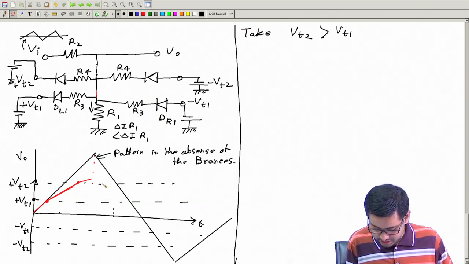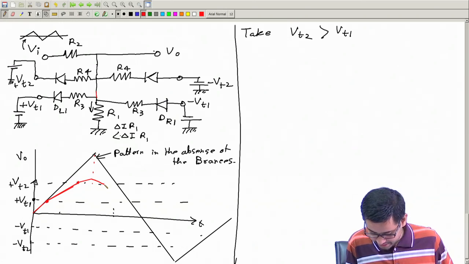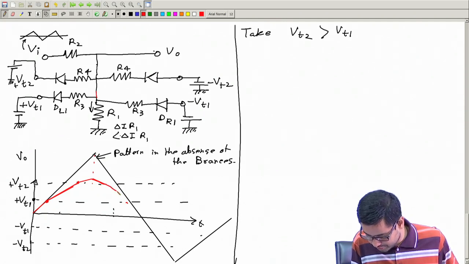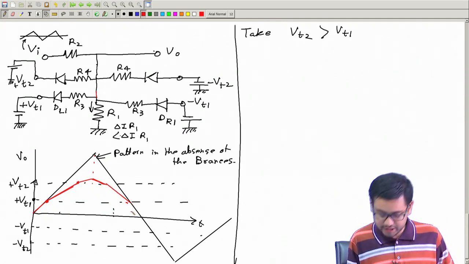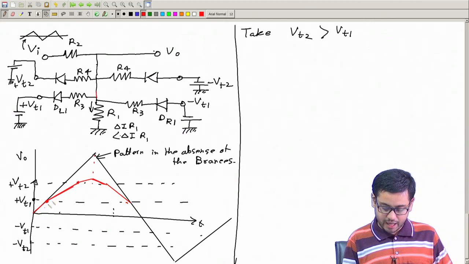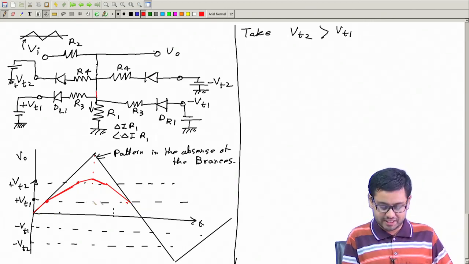It initially goes down slowly, then at a faster rate, like this, then at a faster rate like this, and then even faster. So this is a better approximate sine wave.